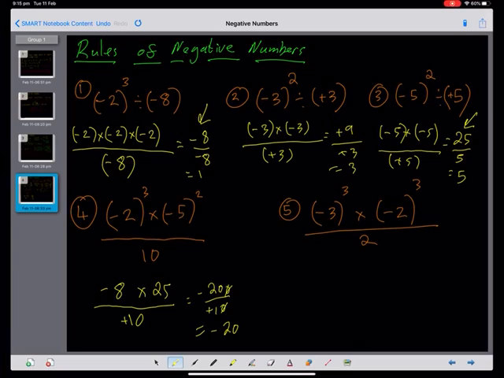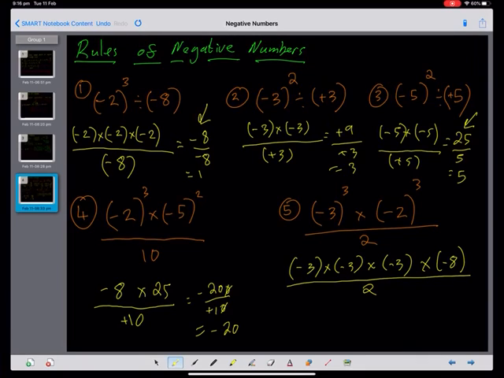Okay, so we have not done negative 3 cubed. So let's write that in. We have done negative 2 cubed, which we have found to be negative 8. And this is divided by 2.